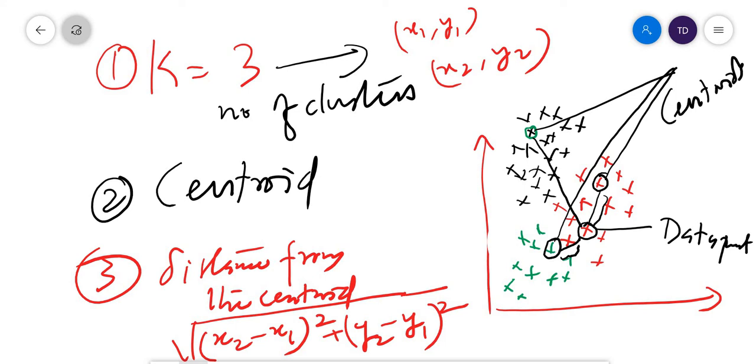The first centroid I am taking as A, this centroid is B, and this centroid is C. You calculated the distance, and you can see the minimum distance is towards A. So the first point we can add to the cluster whose centroid is A, the green cluster, because the distance is less towards centroid A. So this is part of this green cluster.